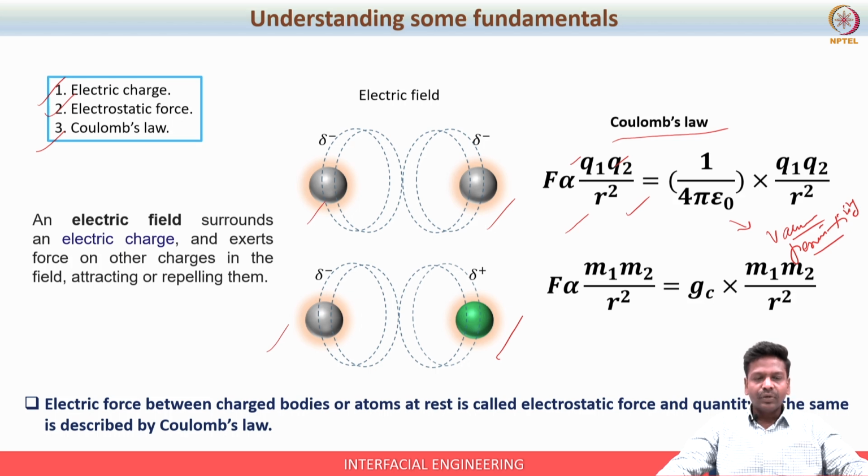But sometimes you will study these systems in a medium, which might contain some electrolyte and all that. In such a case, how do we deal with it? There is something called relative permittivity, which is nothing but Em by E naught, where Em is the permittivity of the medium and E naught is the vacuum permittivity.